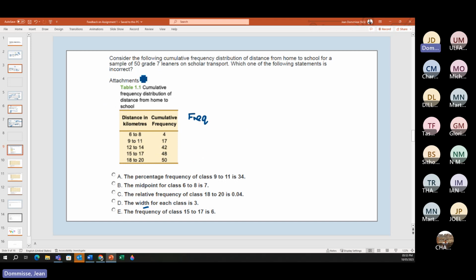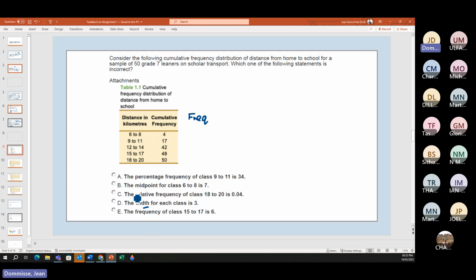Okay, so they say it's a group of grade 7 learners. There's about 50 of them, and this is how they are distributed according to distance, in kilometers from school.